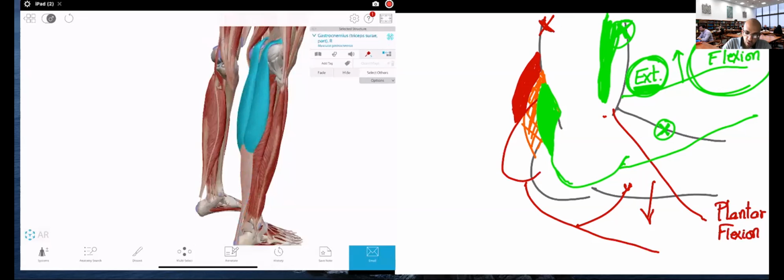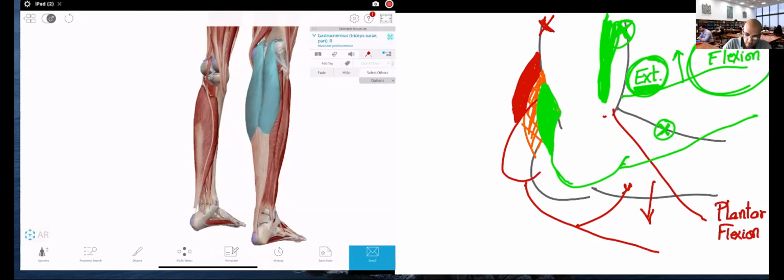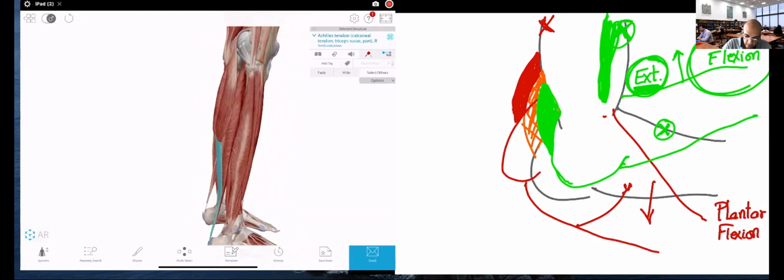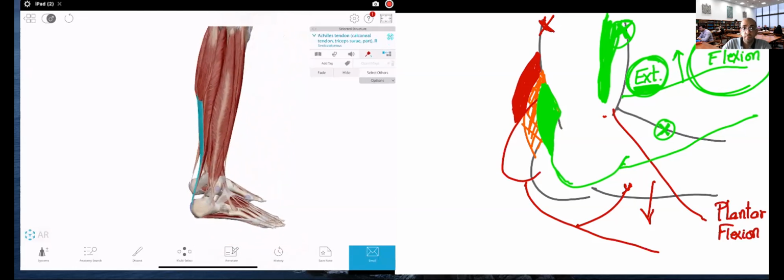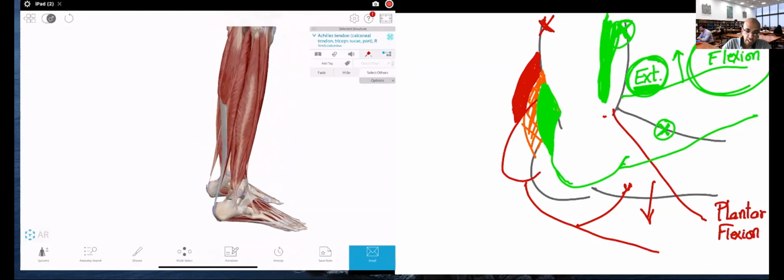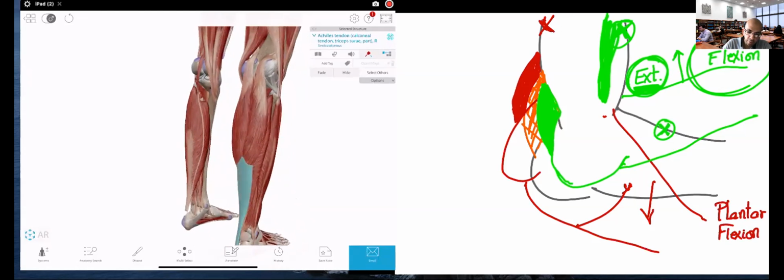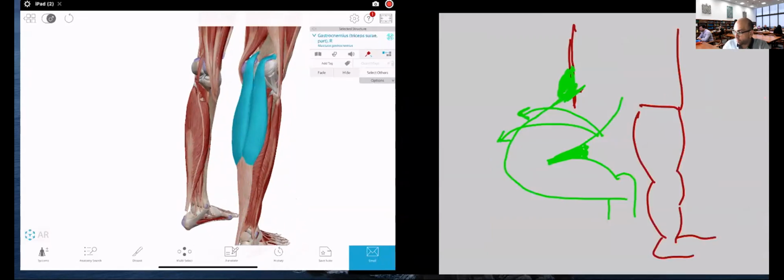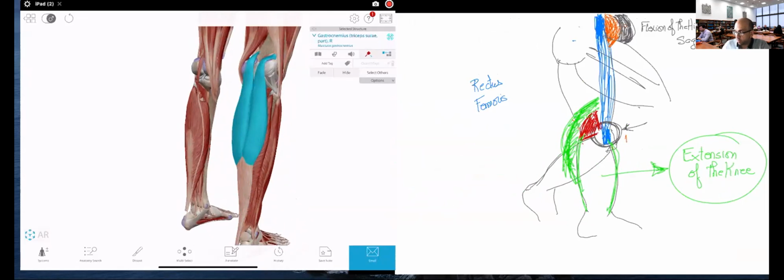Gastrocnemius, you see it travels behind the knee as well as behind the ankle joint. So what action am I helping with? Traveling behind the knee, what do you think? If you're traveling behind the knee joint, what action would you be allowing?